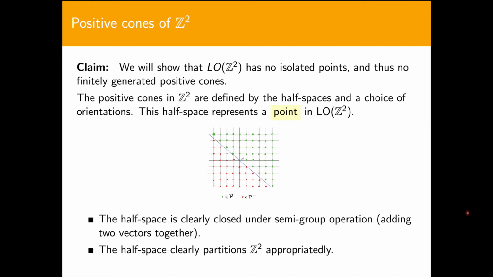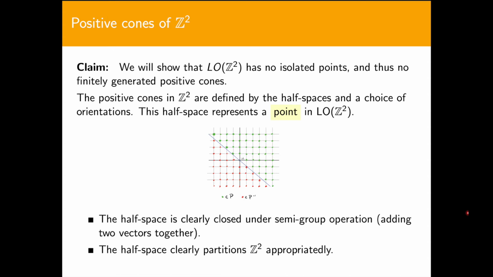This half space represents a point in L of Z squared. And notice that here I drew an irrational slope, but if you had a rational slope, then you would have some points of Z squared falling onto the slope, and then you just pick one side of the slope to be positive, as you do for Z.